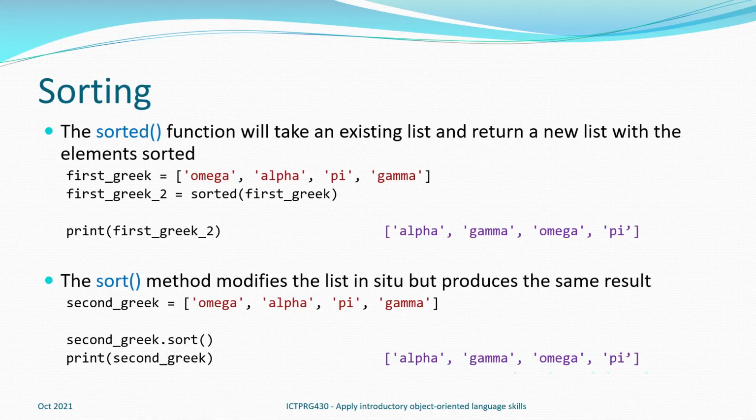Now, one's a function called sorted and the other is a method. Now, if you cast your mind back, a function is standalone. It takes an action independent of the data set, whereas a method is called by the data set.